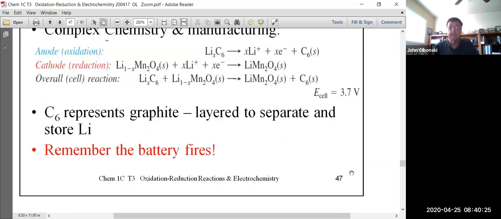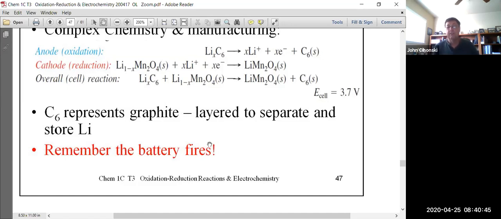Okay? Now, because of these batteries, they do have quite a bit of energy. And because of the components that are in there and the construction, they are susceptible to fires depending on construction.